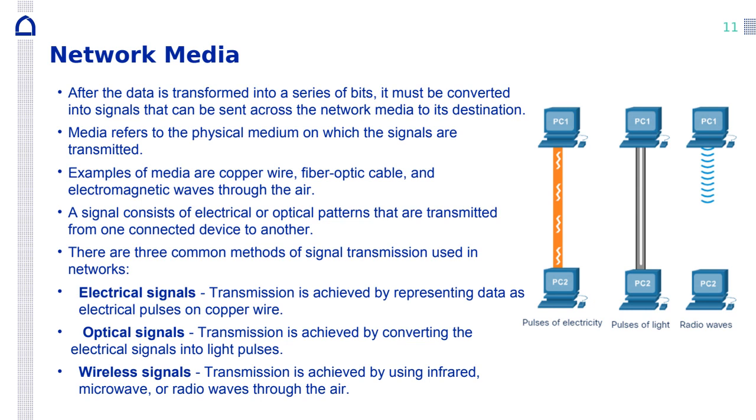The kinds of signal we have: electrical signal, where everything is carried on electric wire, electrical voltage, high, low frequency. Or we have optical signal, which is fiber optic cable, and we have wireless signal by using infrared, microwave, or radio waves through the air or through space.